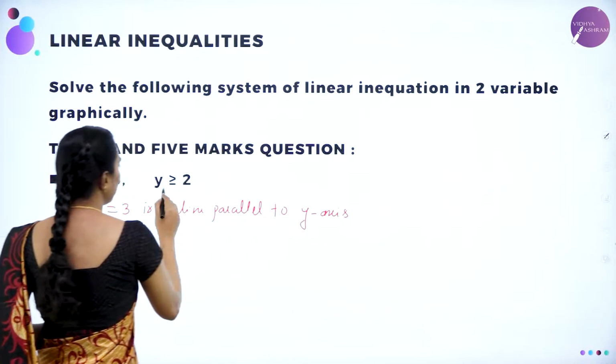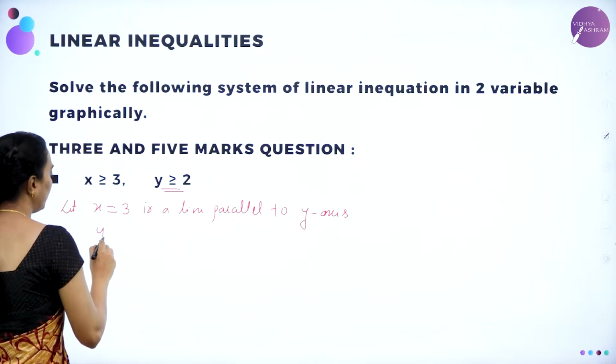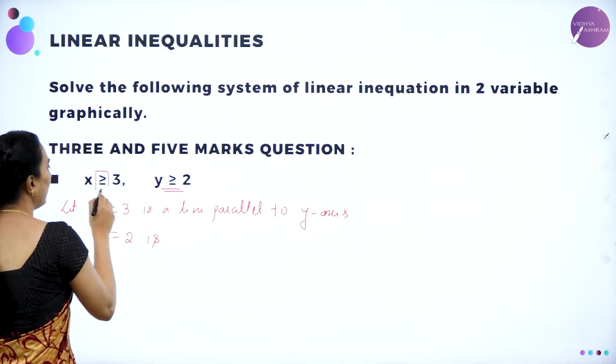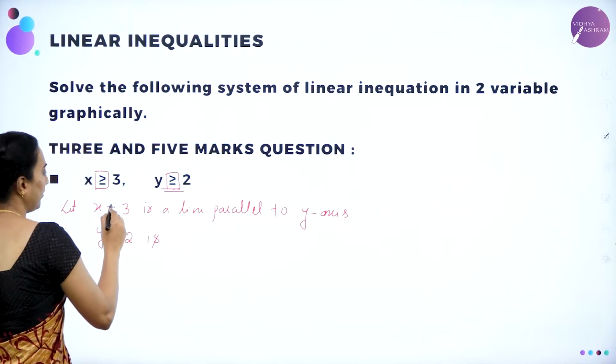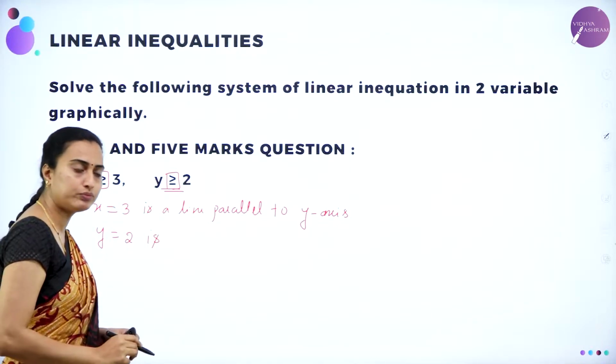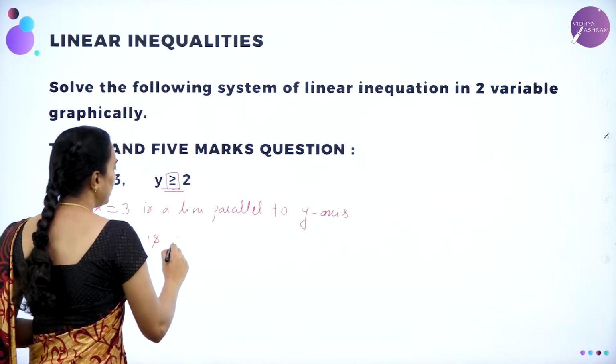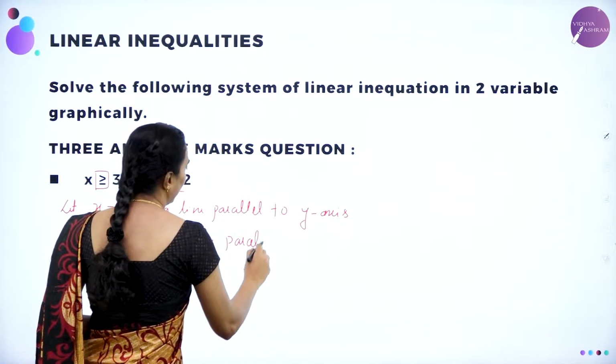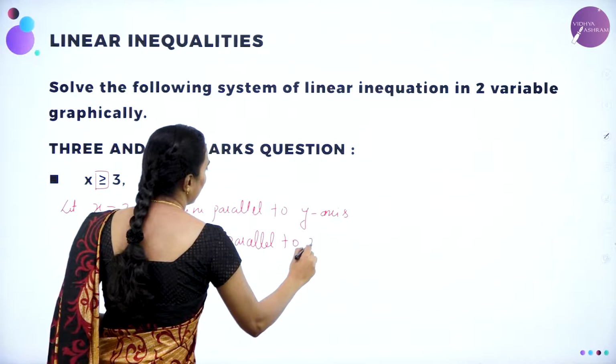And then I am going to assume this also, let y is equal to 2. So whatever the inequality, whether strict inequality or slack inequality they have given, you are going to assume equal to. So y is equal to 2 is a line parallel to x-axis.